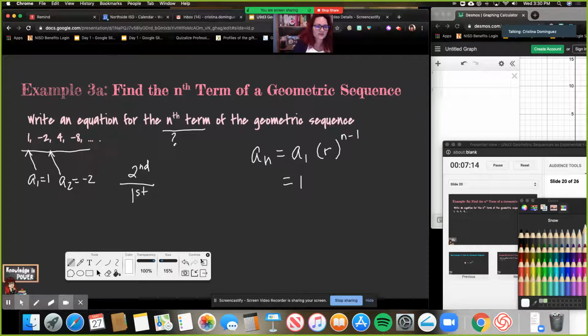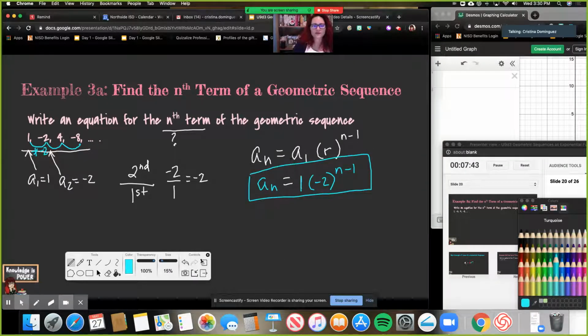Our second term is negative 2, and we divide by 1, and we end up with negative 2. Each time we're just multiplying by negative 2. So that's what goes in here. We don't know what n is, and there's our formula. Easy? Awesome. Any questions?